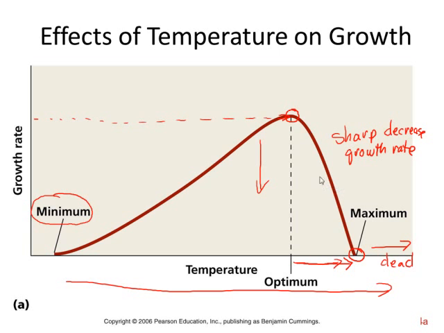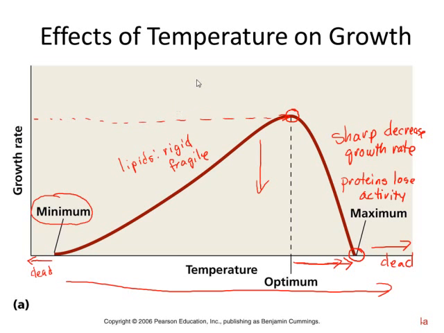So again, what's happening here? As we go above optimal, proteins lose their activity. And above this temperature, all the proteins no longer work, therefore the cell is dead. As you go lower than optimal, recall that lipids are most affected. Lipids become rigid. Membranes become fragile.